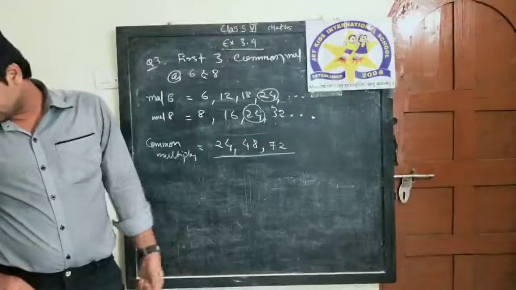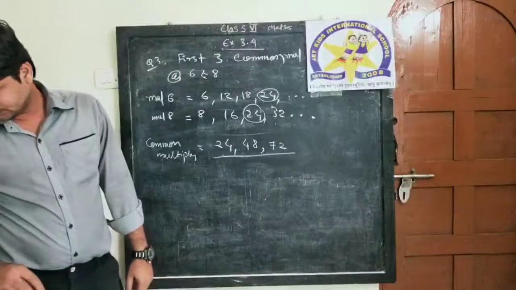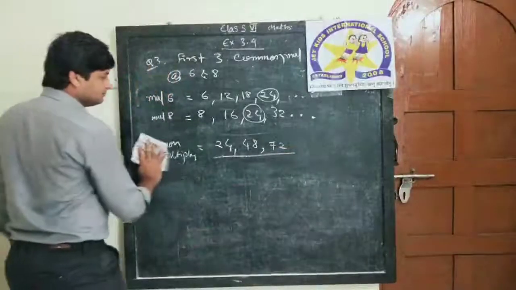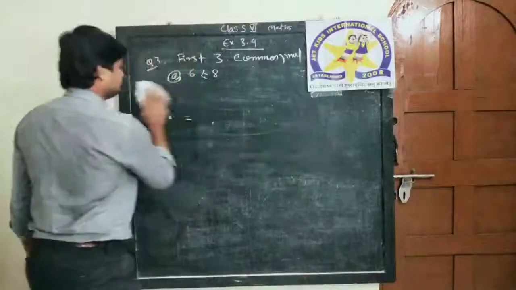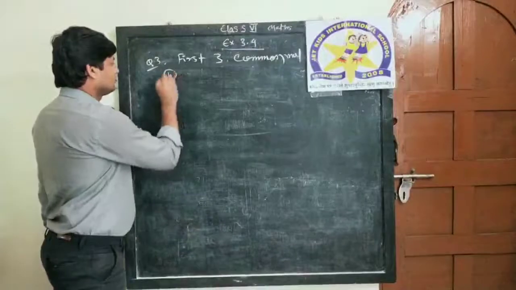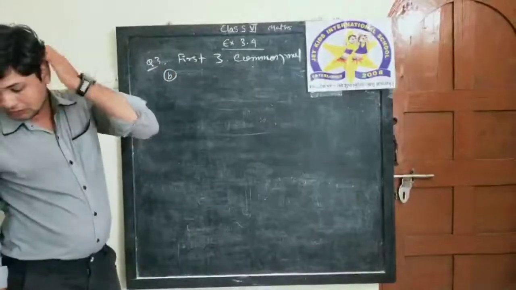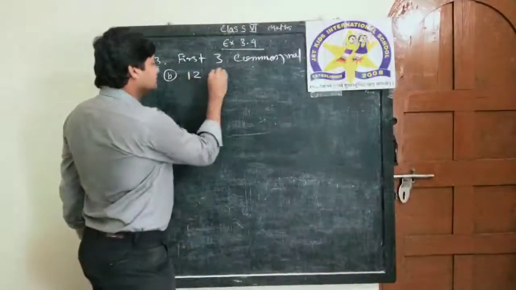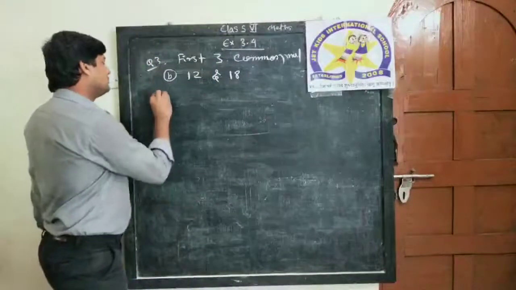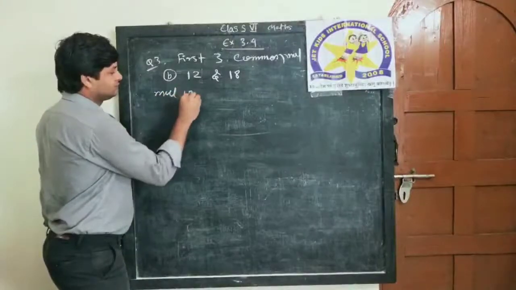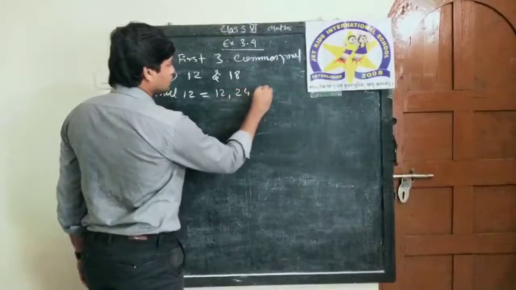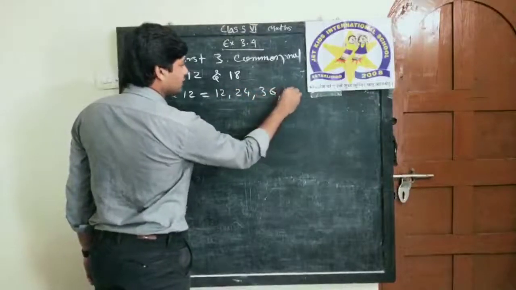Then next is 12 and 18. I'm erasing it. Take a snap. So 12 and 18 are here. First, multiples of 12: 12, 24, 36, 48 and so on.